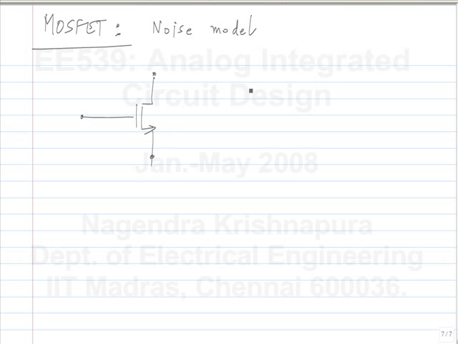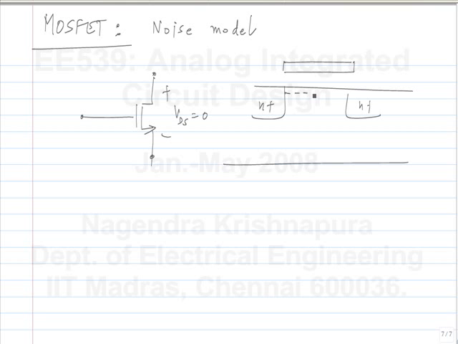In the linear region or with VDS equal to 0, we think of the MOSFET as a voltage controlled resistor, right? So there is a resistance between the source and drain terminals, and we just saw that a resistance has thermal noise. So we can imagine that even the channel resistance will have thermal noise. Okay.